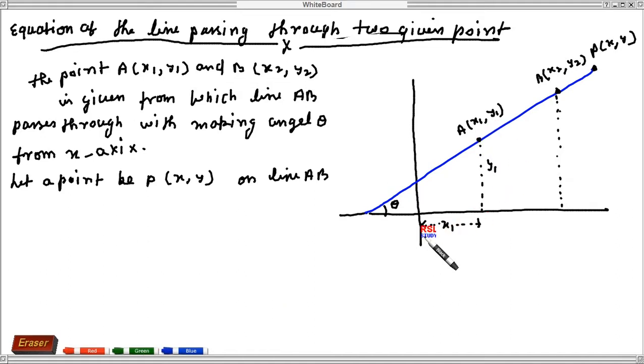Since this is a point A, whose coordinates are x1 comma y1, we will travel x1 units on the x-axis, then y1 units on the y-axis. So this point A is (x1, y1).